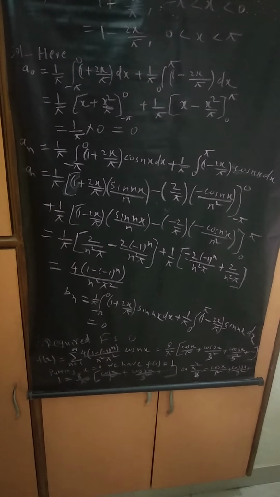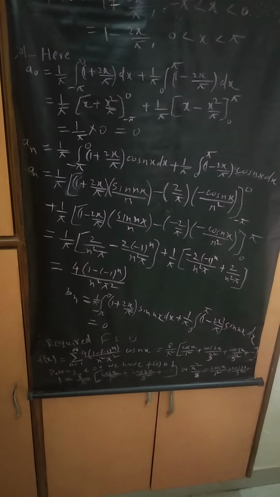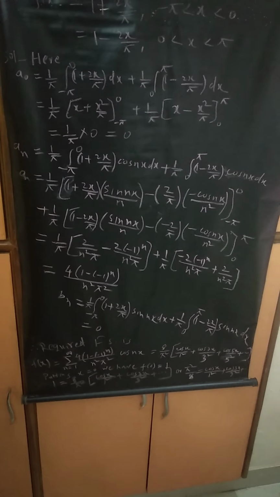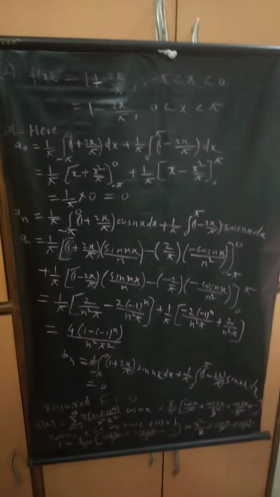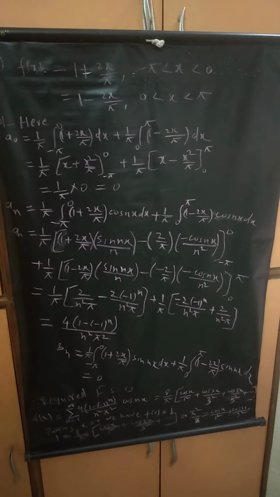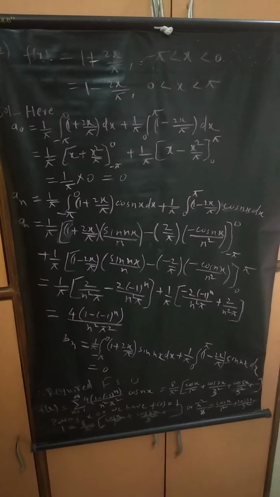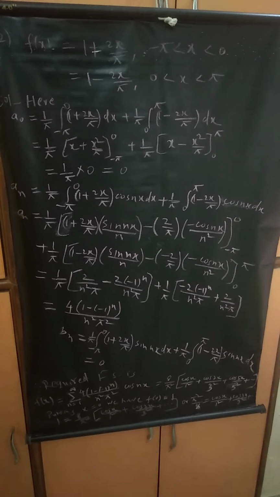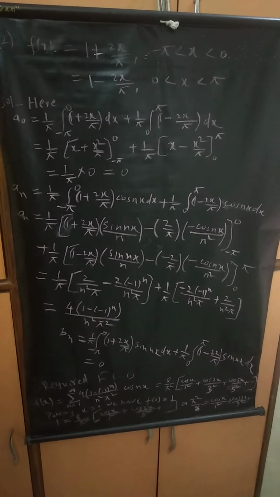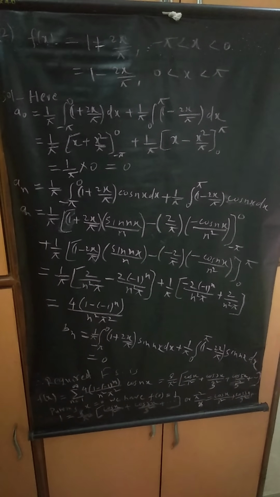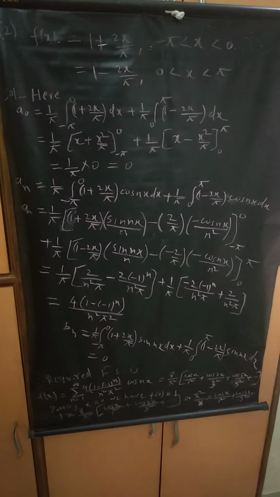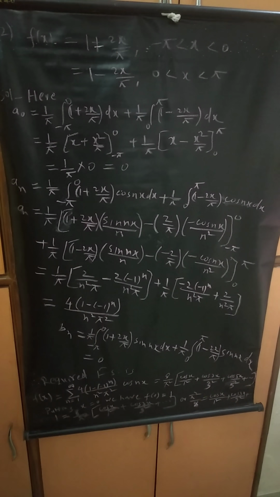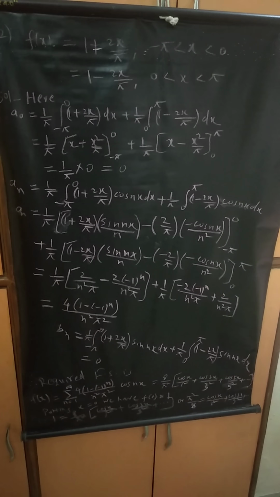See, here we have used the generalized by part rule. I will repeat that rule. The generalized by part rule is like this: integral uv dx is equal to uv1 minus u dash v2 plus u double dash v3 minus and so on.